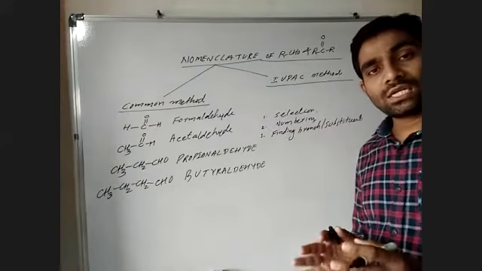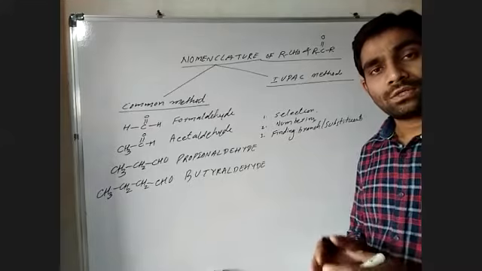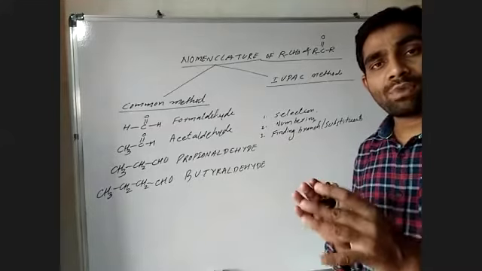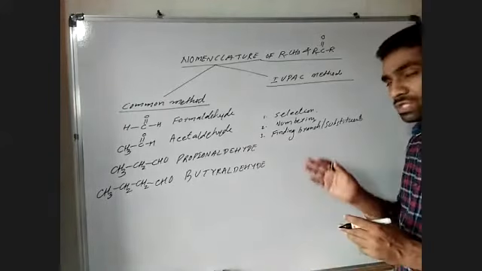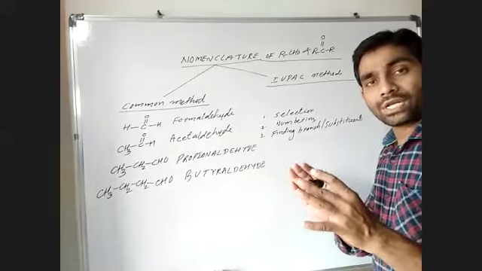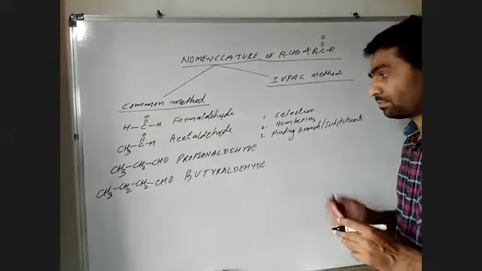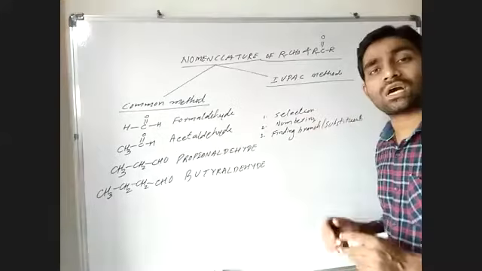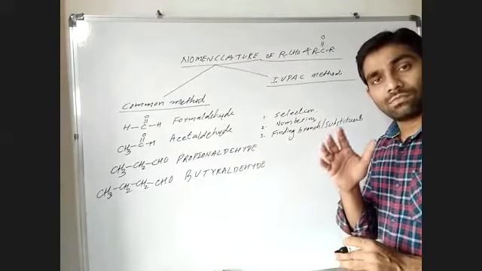So these are the three major rules for naming any organic compound by the IUPAC technique. These three rules are very much common for almost all organic compounds, right? Selection of the longest carbon chain which contains the functional group.